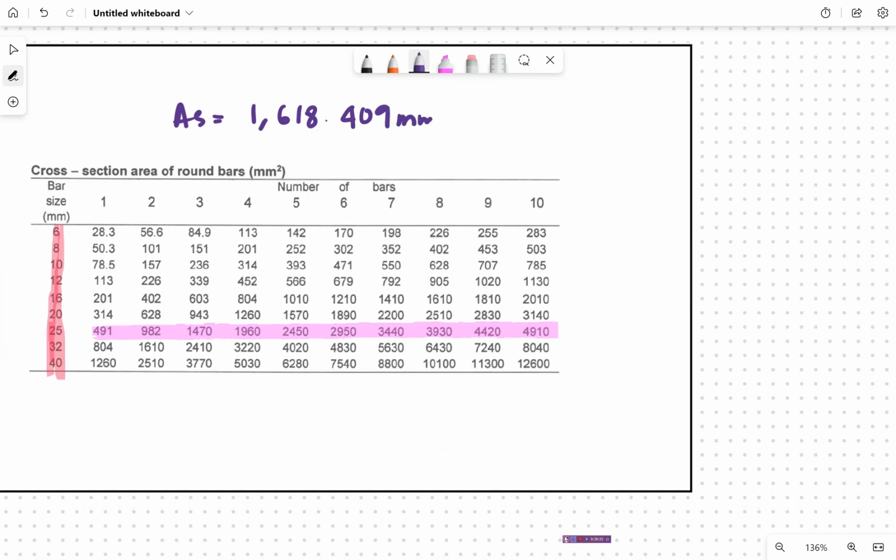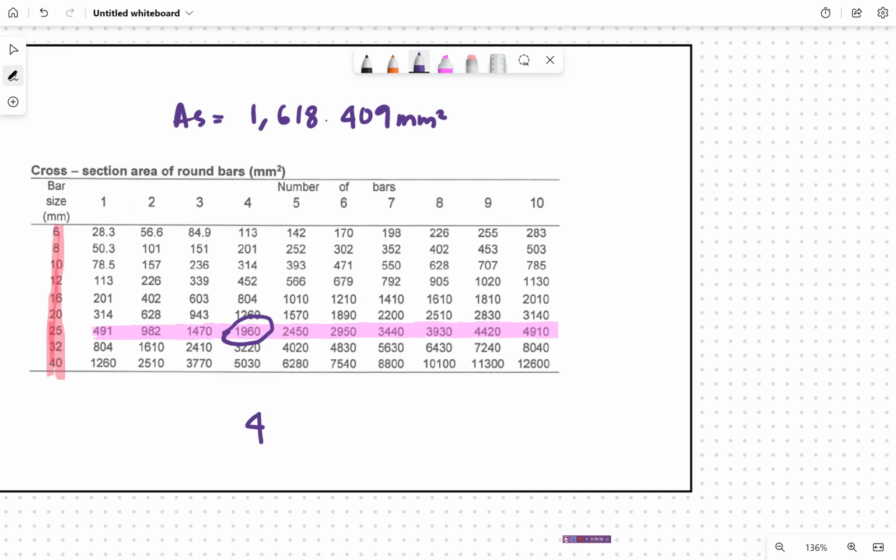So value AS ni adalah minimum. This is the minimum value yang kita kena letak. Jadi the value yang kita choose for the area untuk steel mesti lebih besar daripada this AS. So the nearest for the bar size 25 is 1960. So how we going to write this one? It's 4 numbers.